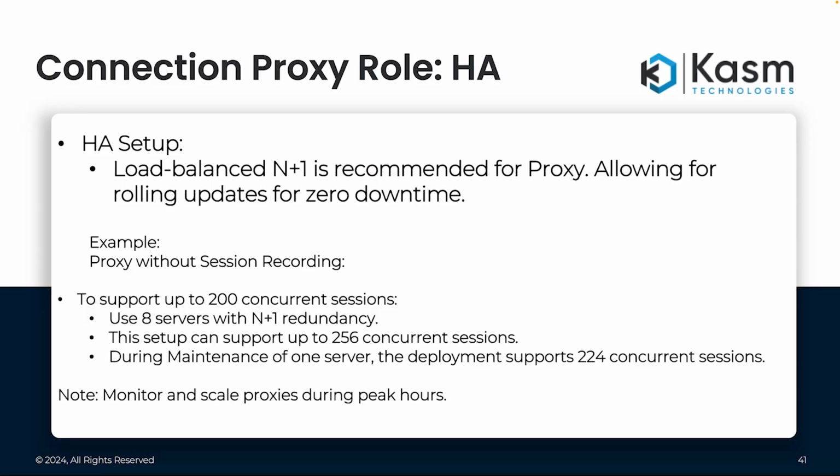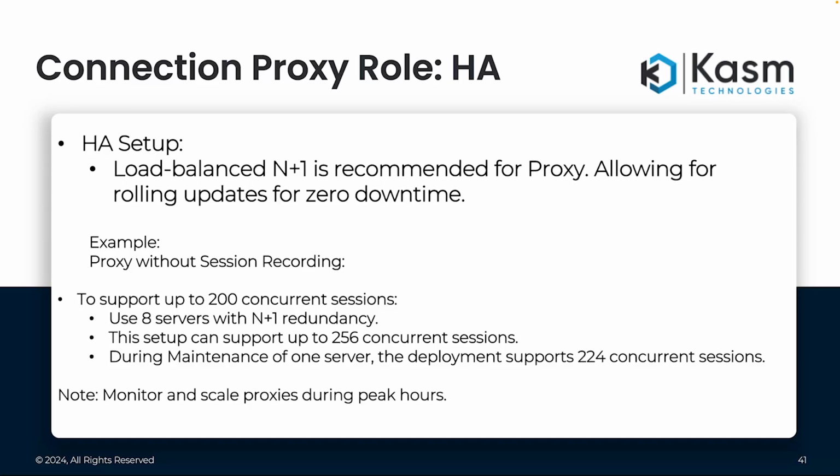So again, for HA, load balancing is N+1, allowing for rolling updates with zero downtime. For our example here, a proxy without session recording, to support 200 concurrent sessions using 8 servers. We need 8 servers, I should say, with that N+1 redundancy.